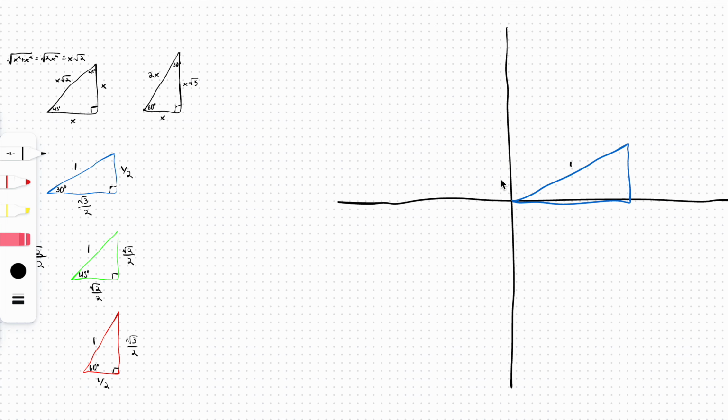So again, our angle measure is going to be 30 degrees. And our short leg here is going to be 1/2. Okay? And our long leg here is going to be √3/2. Okay?